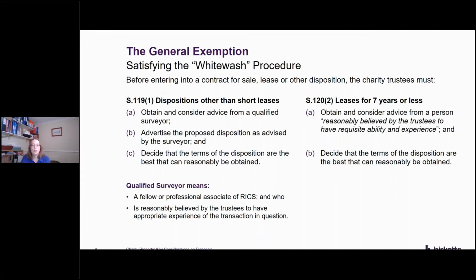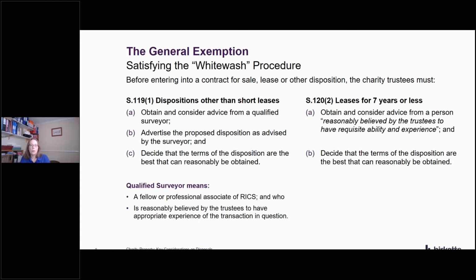So, assuming we don't have a transaction to a connected party, we then start looking at the general exemption. It's also worth noting that there are some specific exemptions, which I've not listed here on the slides, but in these cases, this would override the connected party issue.